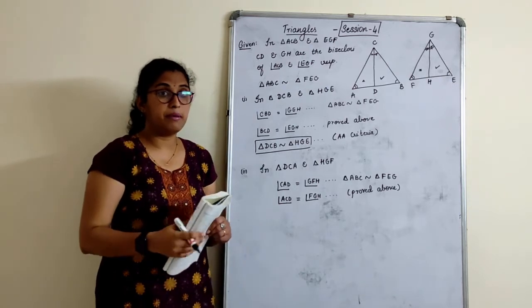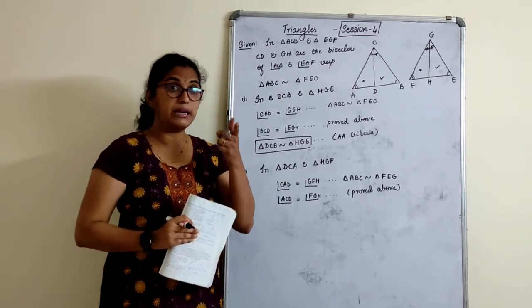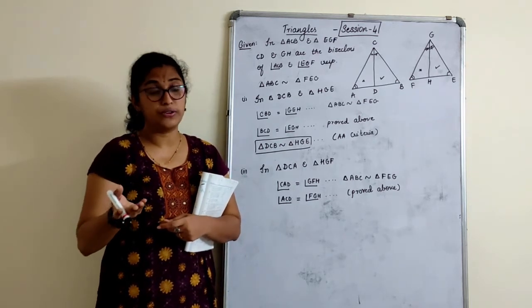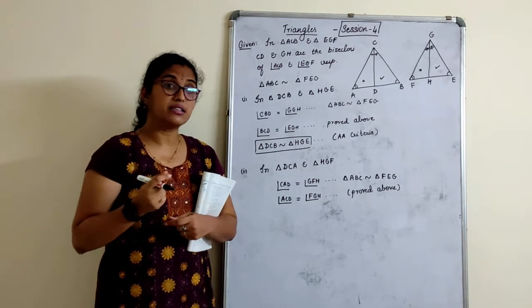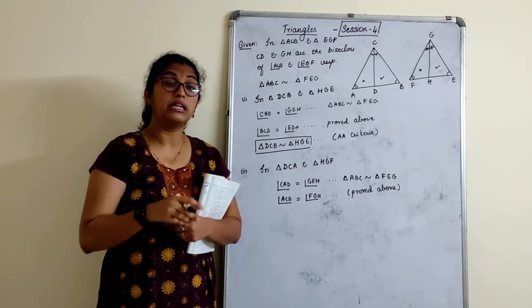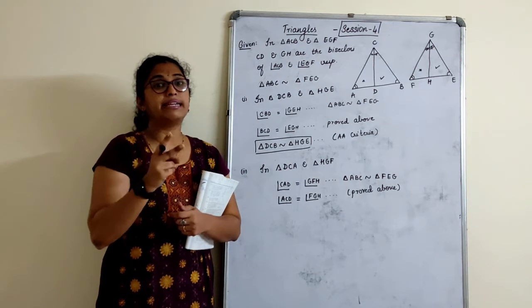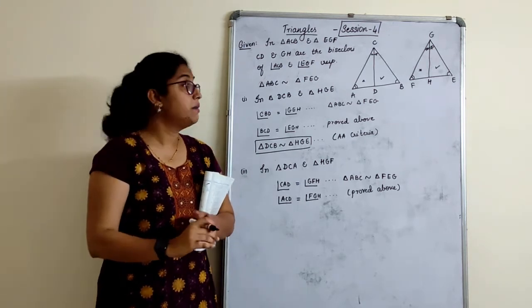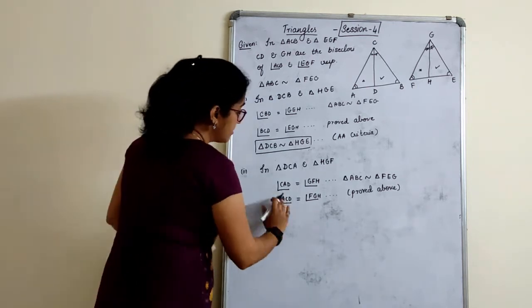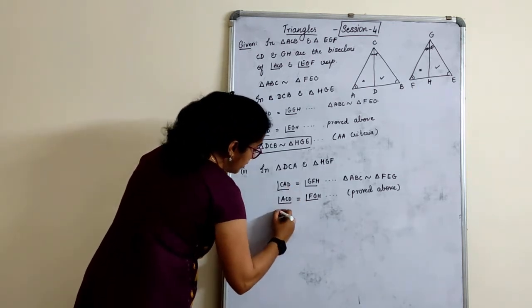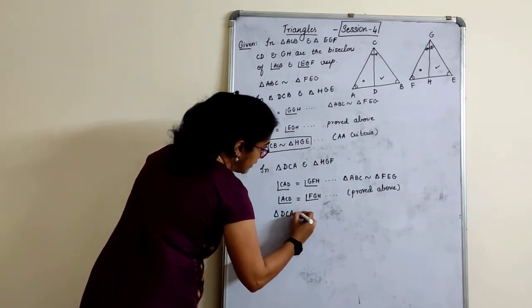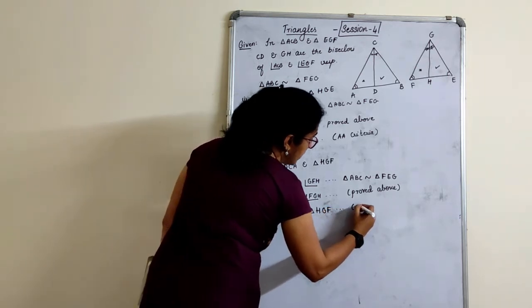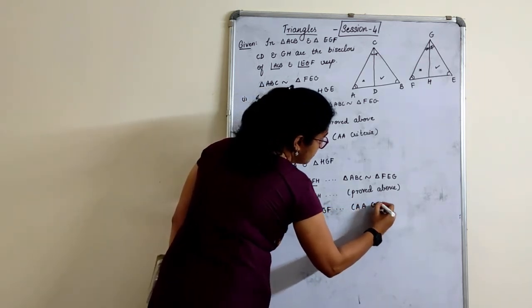One more thing, always remember that whenever we use AA criteria, the third angle is not given. That is why we don't use it, right? But if I see the angle sum property, the third angle should be equal, it has to be. If the AA criteria is satisfied, remember that the third angles are always equal, but we don't write it. Next, these two are now equal, so triangle DCA is similar to triangle HGF by double A criteria.